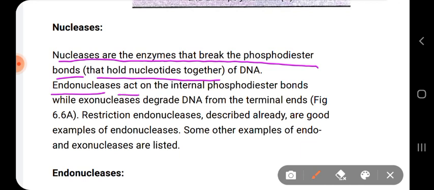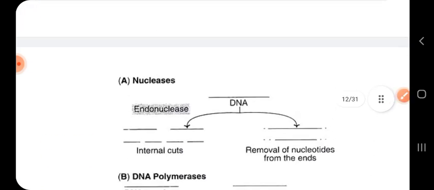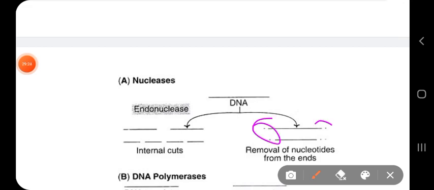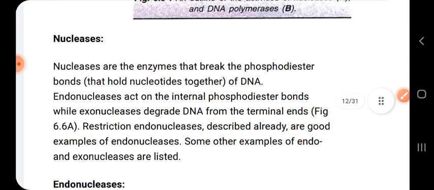Endonucleases act on internal phosphodiester bond cleavage, while exonucleases degrade the DNA from the terminus end. So as the diagram has been shown, this is performed by exonuclease. They are removing nucleotides from outside, from the terminal ends, while endonuclease makes an inner cut to the DNA by breaking the phosphodiester bonds.